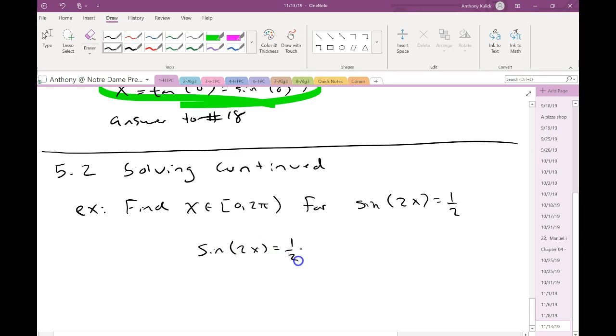So I'd start this problem the same way. I would take the sine inverse of both sides.